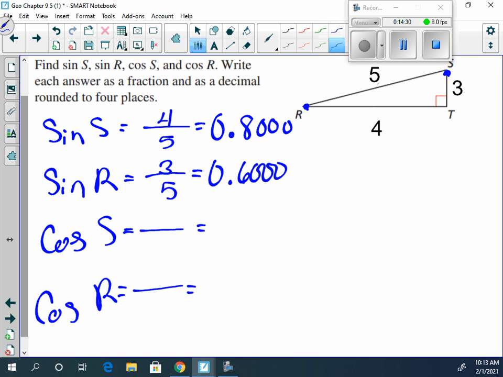Okay, let's do it with cosine. So cosine of S would be adjacent over the hypotenuse. So the adjacent side would be, and the hypotenuse is still 5. Okay, how about cosine of R?